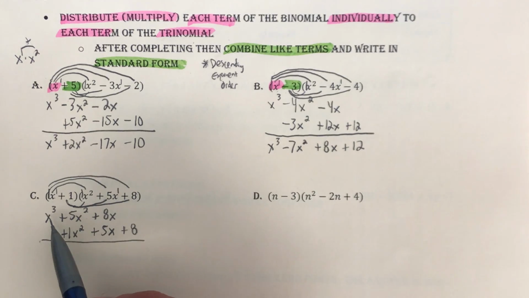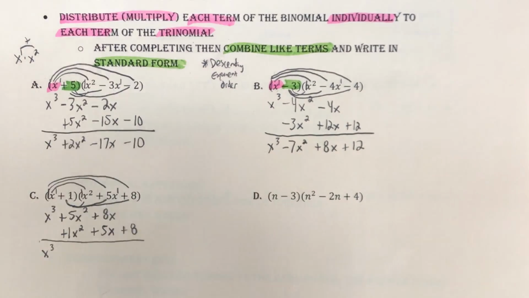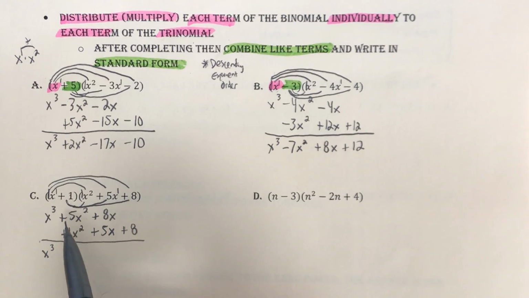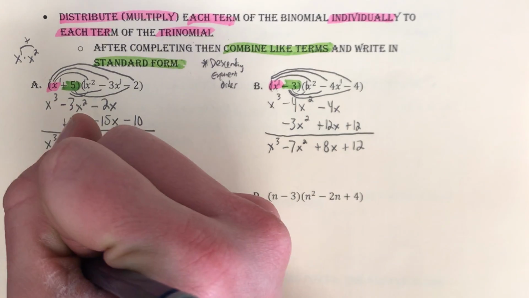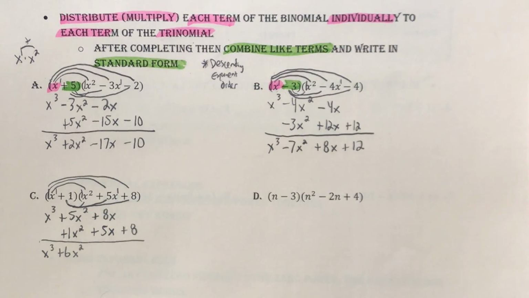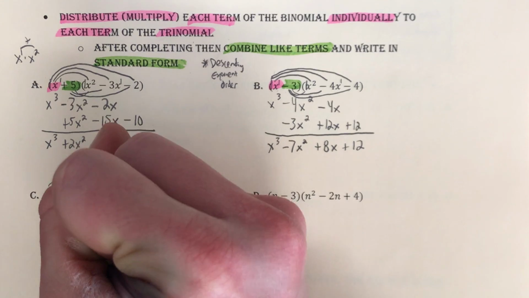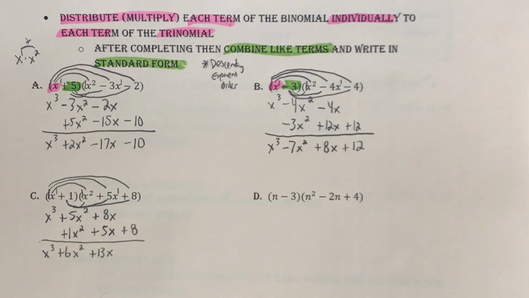So we go down the columns, x to the third, nothing to combine that with, so bring that down. Positive 5x squared plus 1x squared. 5 plus 1 is 6, so positive 6, and they are x squared kind of terms. Positive 8x and positive 5x, well, 8 plus 5 is positive 13, and they are, again, x types of terms.